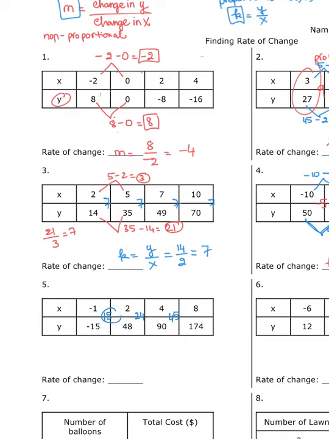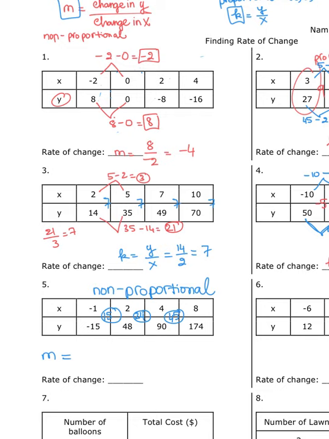Oh, these numbers are different. Okay, so this is non-proportional. When it is non-proportional, you have to find the M. You have to, because they are not the same answer when you do K.